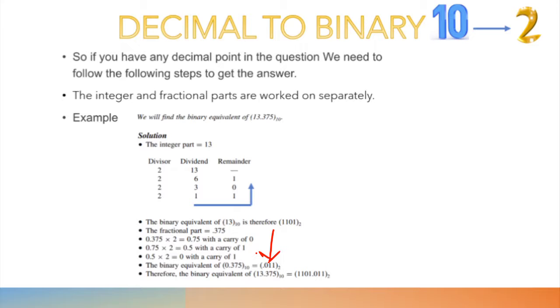So now we get 0.011 to the base 2 as the binary equivalent of 0.375 to the base 10. Then combining both results together, the binary equivalent of 13.375 to the base 10 is equal to 1101.011 to the base 2.